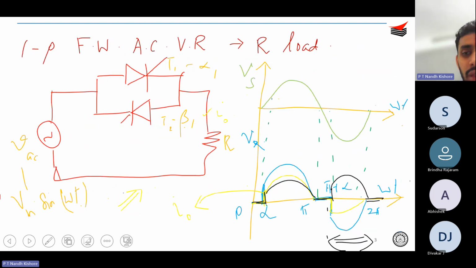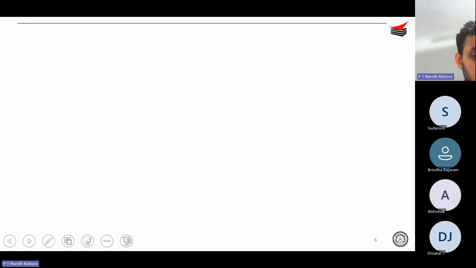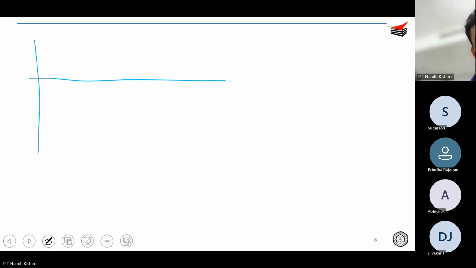So what you see in this waveform is something like, see, if I might redraw the voltage and current, right? So your input is something like this, okay?